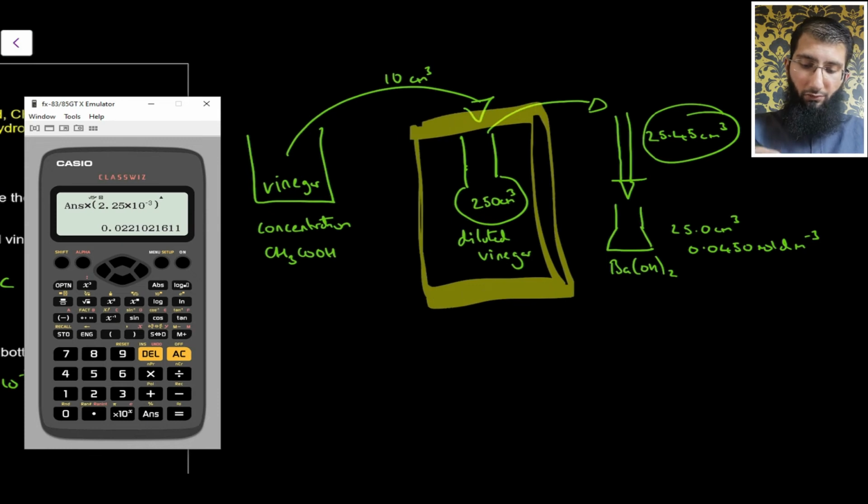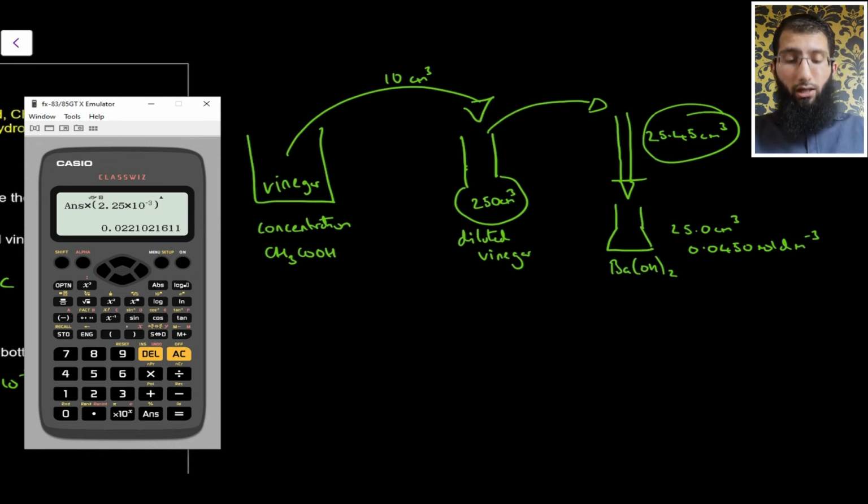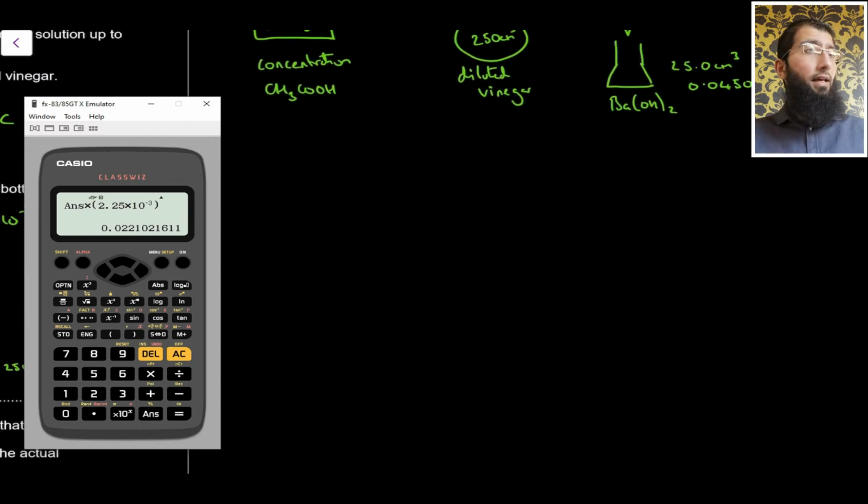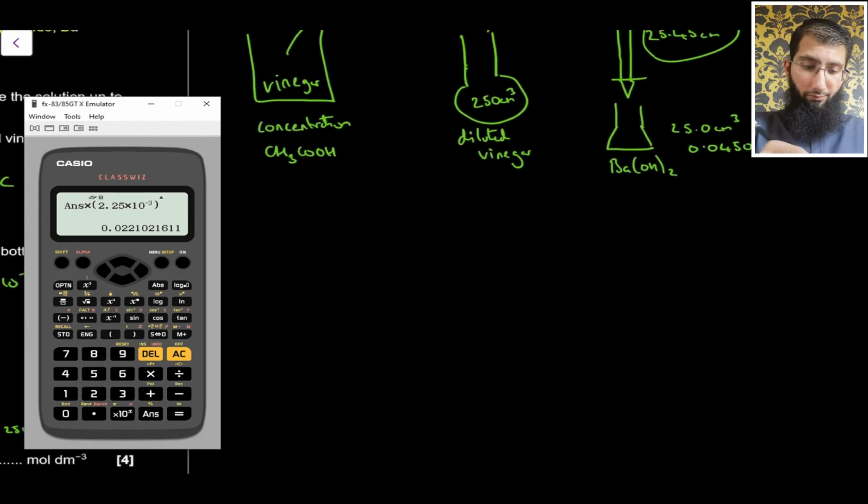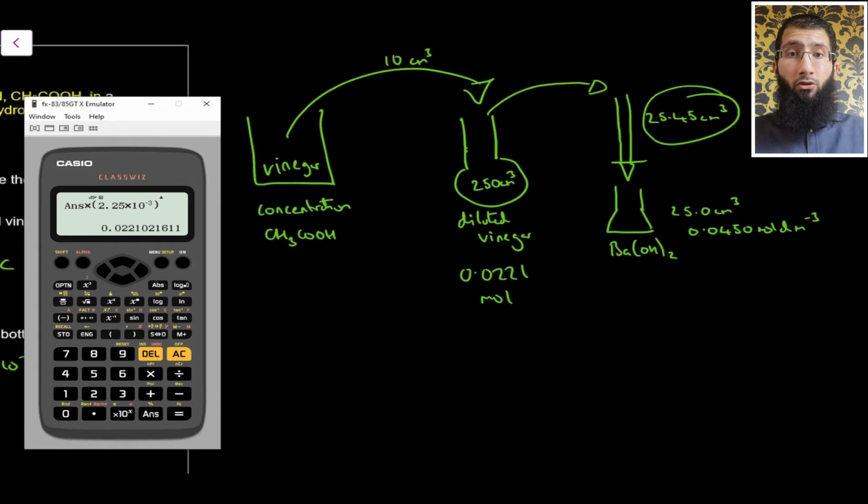But we need to work out how many moles there are in the original solution. Well, we've identified that there are 0.0221 mole in the diluted solution. To have made this diluted solution, we started off with 10 centimeters cubed of ethanoic acid, and we must have added 240 centimeters cubed of water, right?